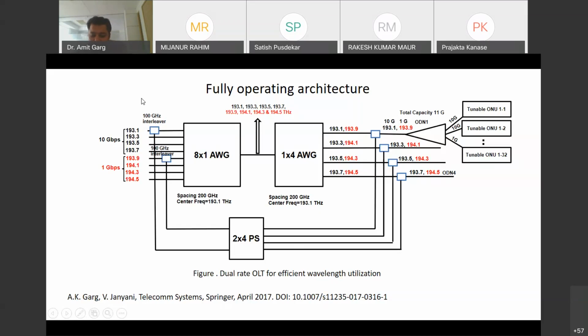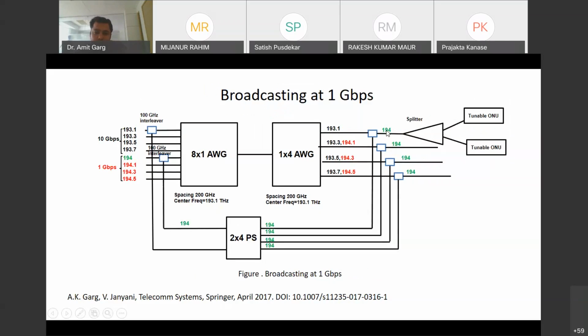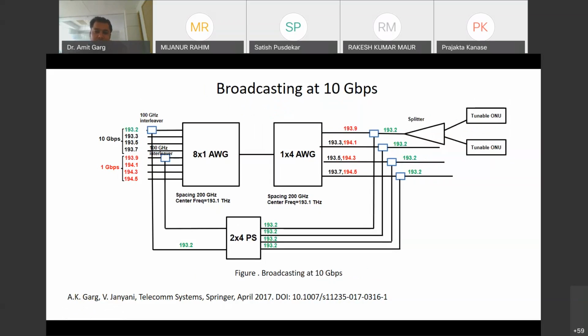Okay, so suppose there is some common information for all the users, then we need not transmit that information from different transmitters. We can use only one transmitter, and similarly we can broadcast the data at 1 Gbps also. So just by transmitting 194.0 wavelength, this wavelength will be here and it will be here, something like this. Okay, so this is the broadcasting at 1 Gbps. I've already explained, this is the broadcasting at 10 Gbps.